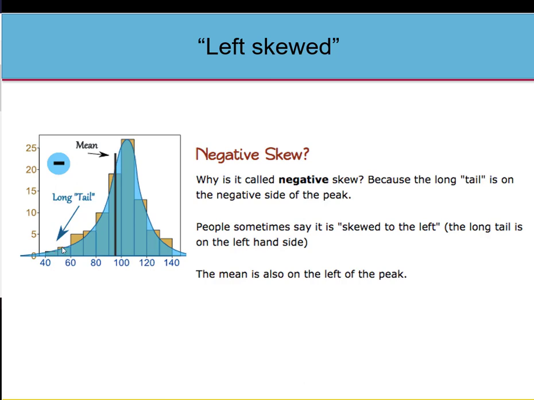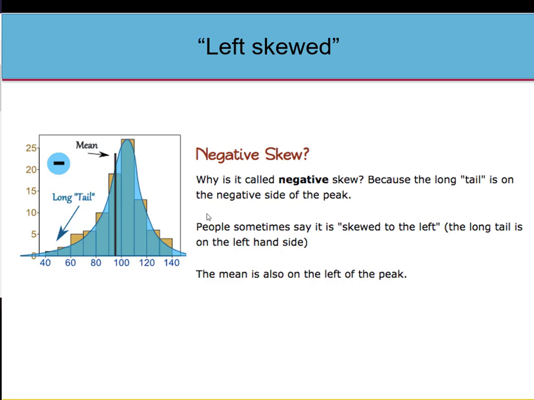Because the tail, the skinny long part, is to the left of the graph, and if we go past 0, it goes toward the negative side of the number line. Some people say it's skewed to the left, or they also say it's negative skewed. And if you notice this heavy black line here, this is the average, and it's to the left of the peak.